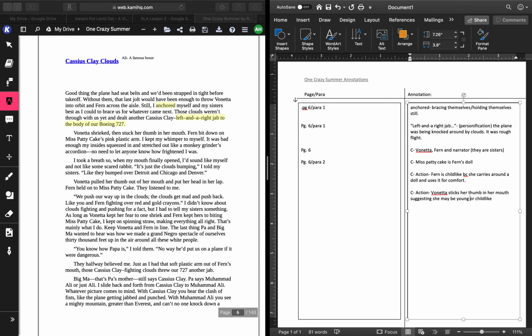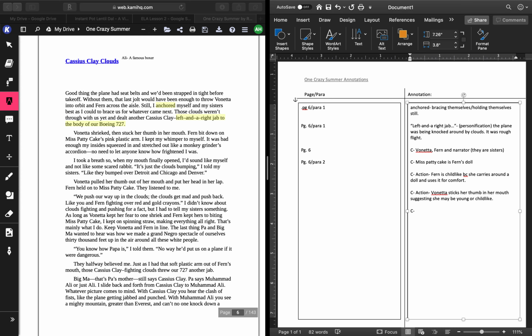We still don't know that much about our narrator, okay? She does say that her insides screamed, but she kept her whimper to herself. So she wasn't going to let anybody know how she was feeling. I want you to think back to the exercise we did yesterday when we talked about how caring for other people might make you different. We know that our narrator is the person telling the story. We know that our narrator is the caretaker.